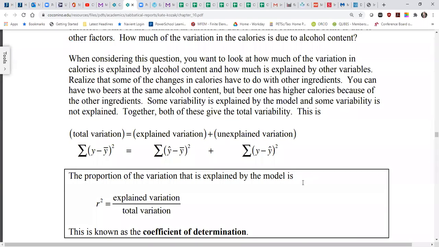So this is another one about the variation. The total variation is equal to the explained variation plus the unexplained variation.